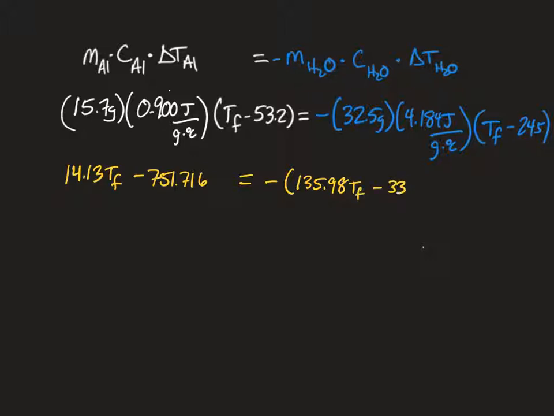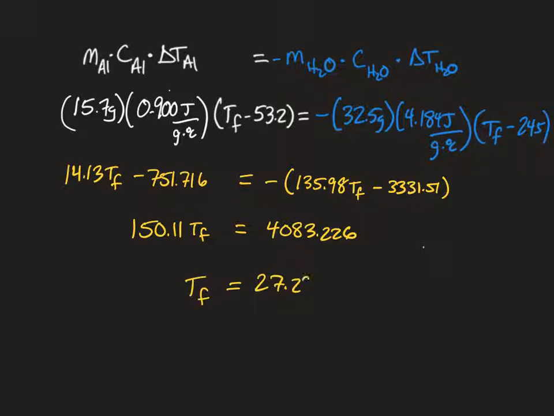And when you carry this all the way through, you're going to end up with the final temperature of this process. And you end up with a final temperature of 27.2 degrees Celsius.